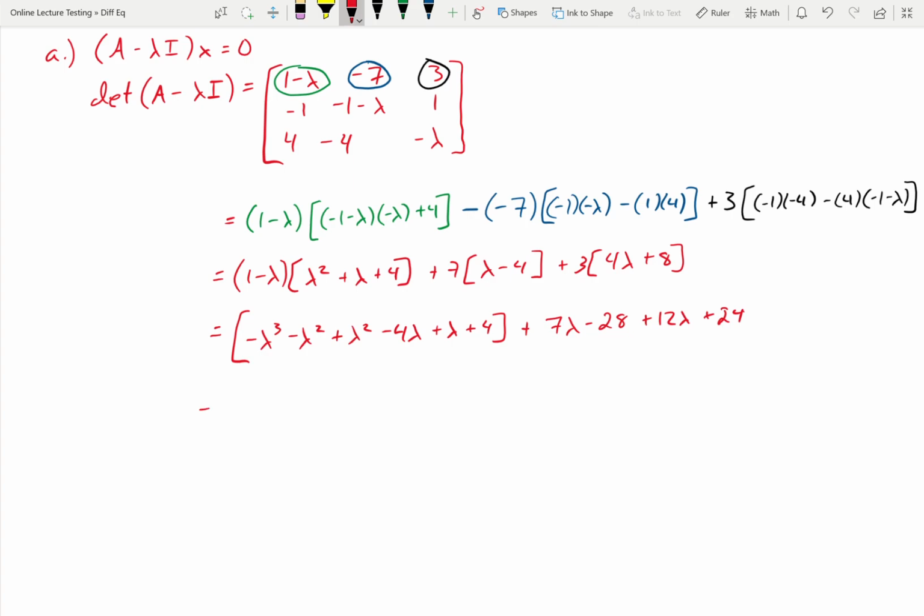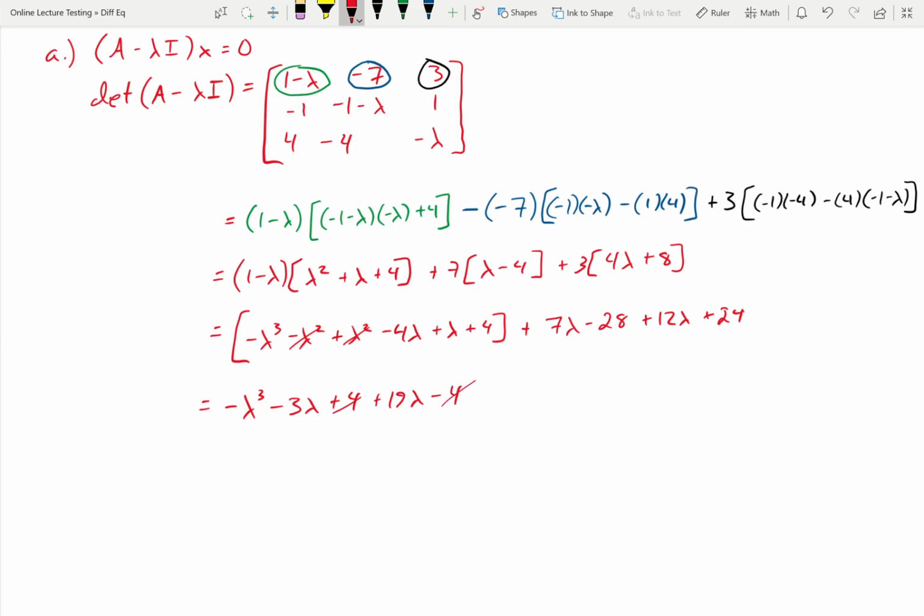Canceling out and combining like terms, these cancel each other out, and these lambdas add together to give us negative 3 lambda. So we get negative lambda cubed minus 3 lambda plus 4, plus 19 lambda minus 4.